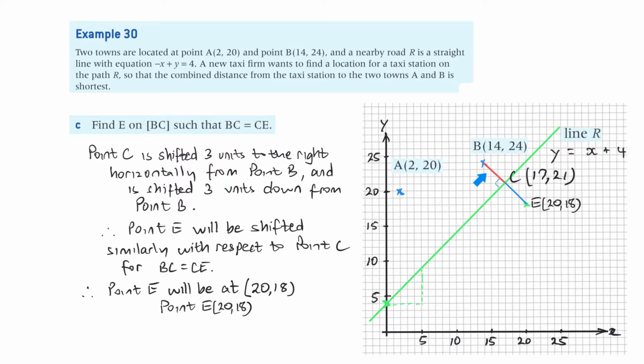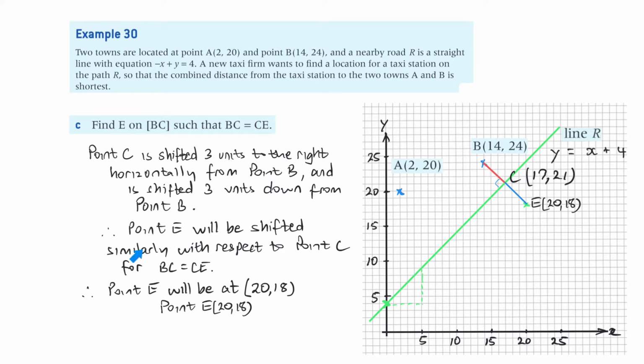Okay, we know that point C from point B is shifted across by 3. So it's a horizontal shift to the right by 3 because it goes from 14 to 17. And it's a vertical shift down from 24 to 21, so also 3. So if C is 3 down and 3 across, then E would be 3 down and 3 across. Okay, and I've written that over here.